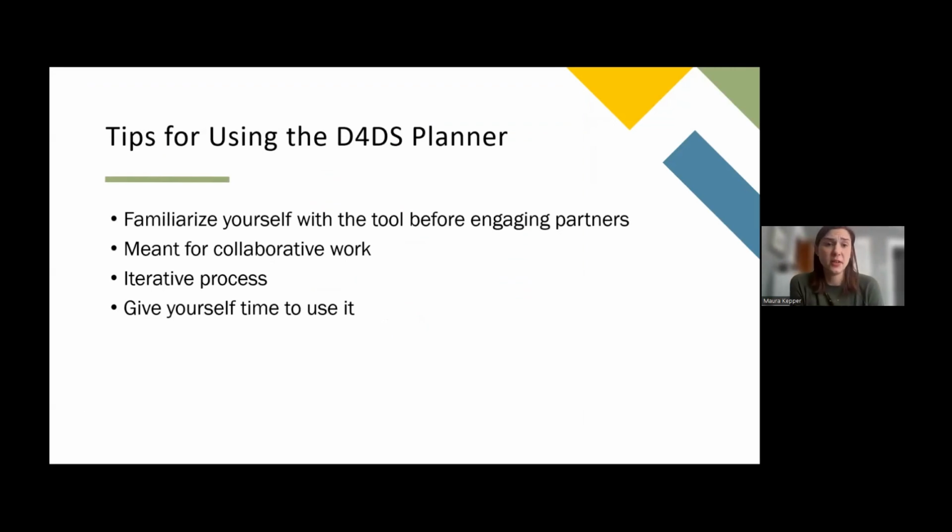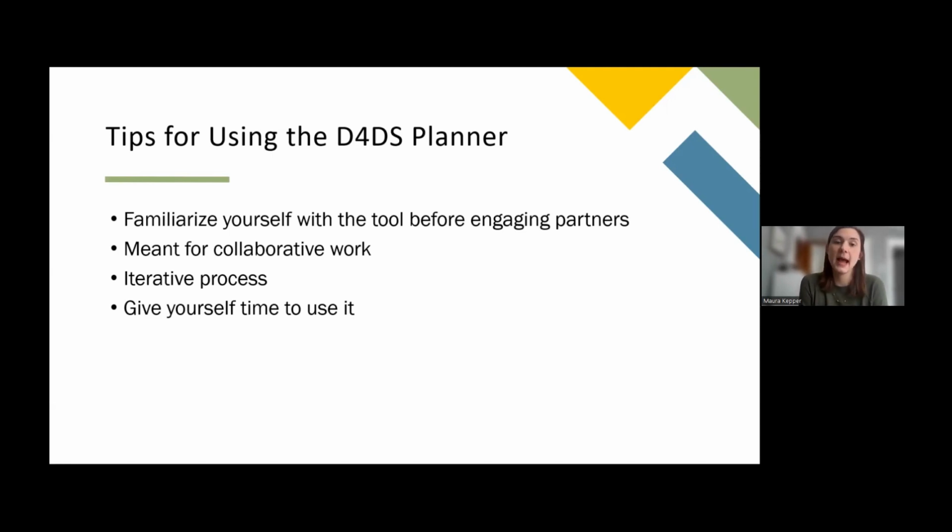So those were just 3 of the action items. I don't have time to go through all of them, but I want to give a few tips for using the planner. I think the first tip is familiarizing yourself with the tool before you engage partners. This tool is pretty complex.